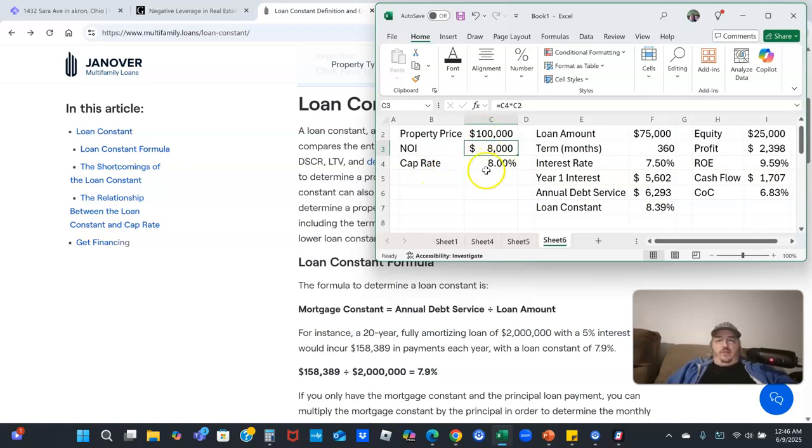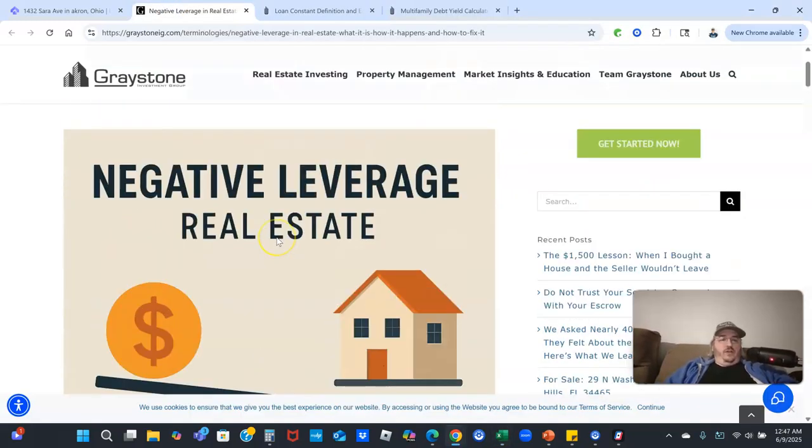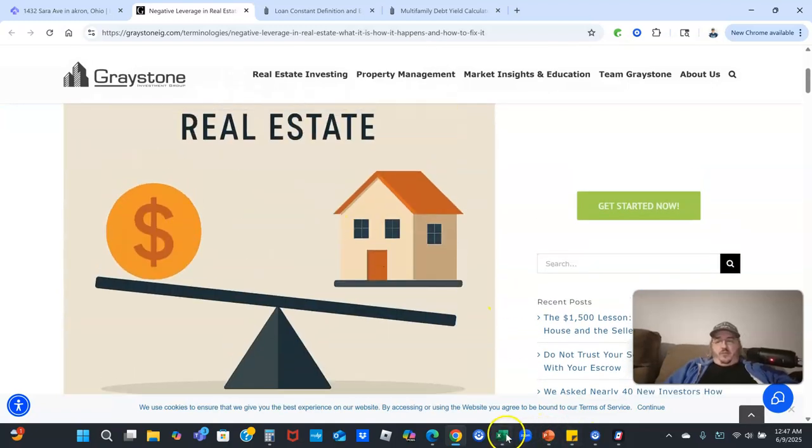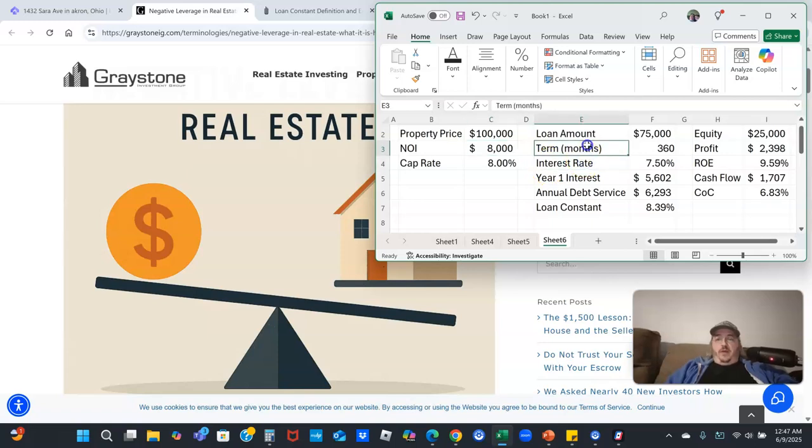So that means my cap rate is 8%, right? $8,000 divided by 100,000, that's 8%. So in theory, if my interest rate's lower than my cap rate, according to this concept of negative leverage or positive leverage, we're going to be making money by taking out as much debt as we want to.